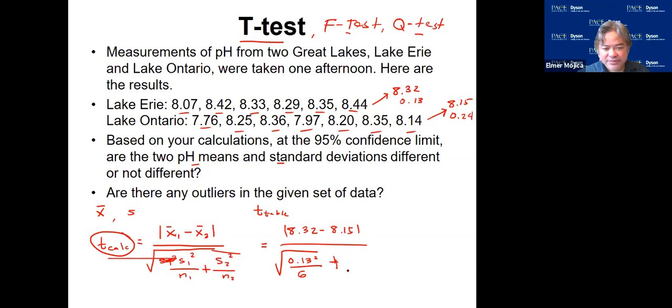Then plus 0.24 squared over 1, 2, 3, 4, 5, 6, 7. So what do we have? Please calculate.